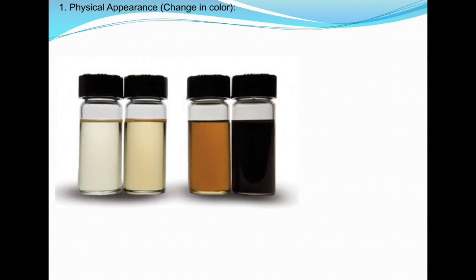You can see. The second type of parameter is the smell check. From the word itself, you come to know, from the smell, what is the smell. If it is a little bit acidic in nature, there is a smell of rotten egg type, pungent type, then you can come to know that oil is a little bit acidic, and that means the TAN number increases.